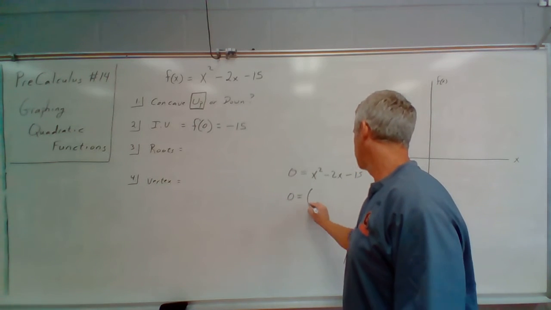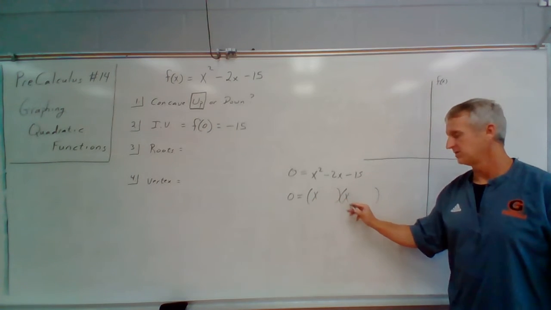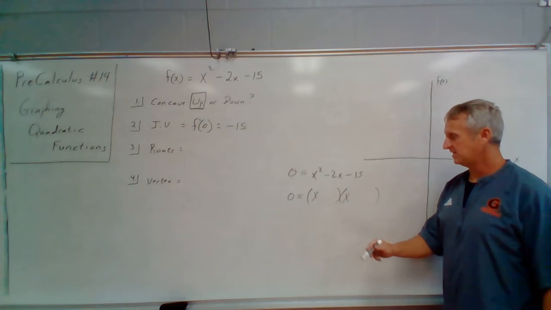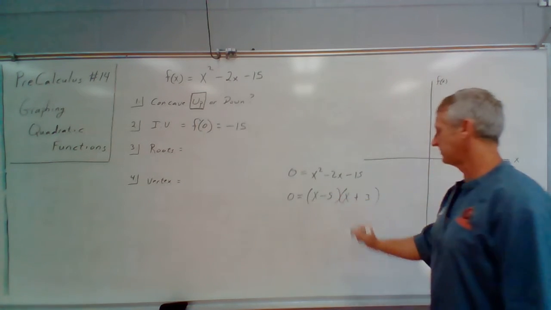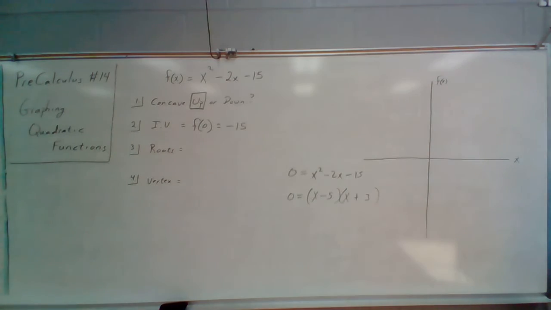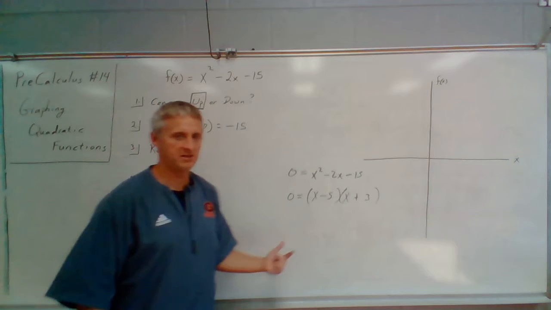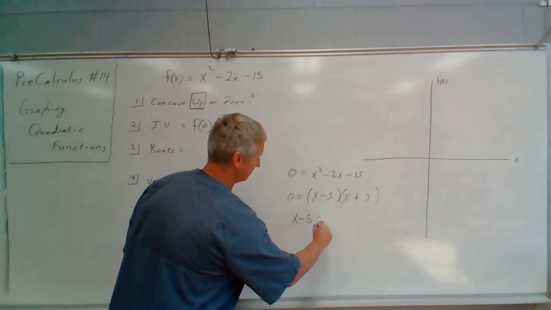So 0 equals something times something. I'm going to need an x and an x, and two numbers that multiply to get negative 15 and add to get negative 2. That will be minus 5 and plus 3. If I multiply two numbers together and the answer is 0, then either of those could be 0.